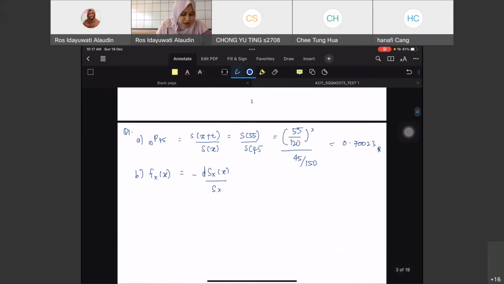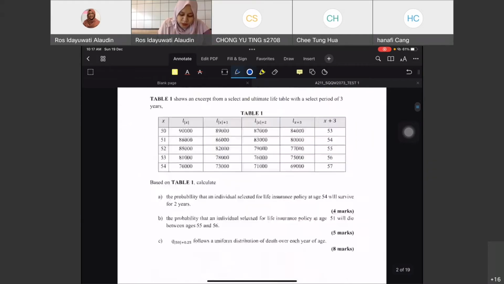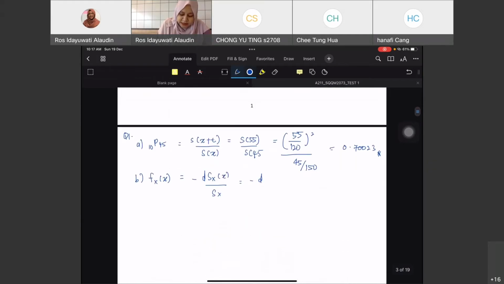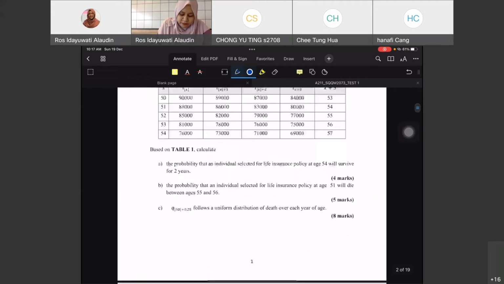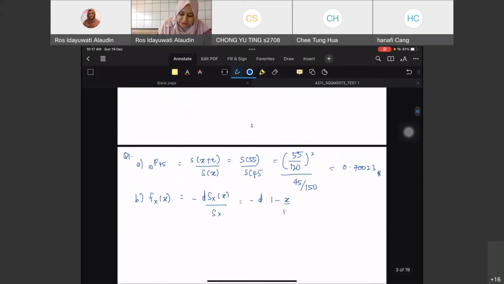For the first one, you differentiate 1 minus x over 150, dx.